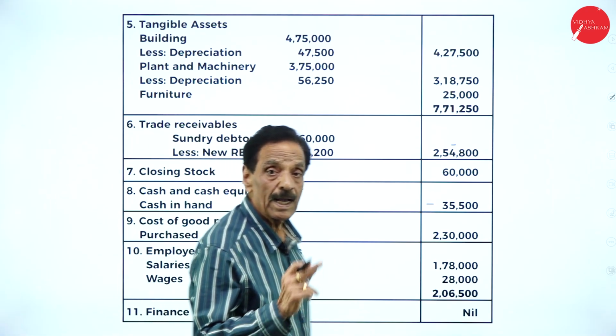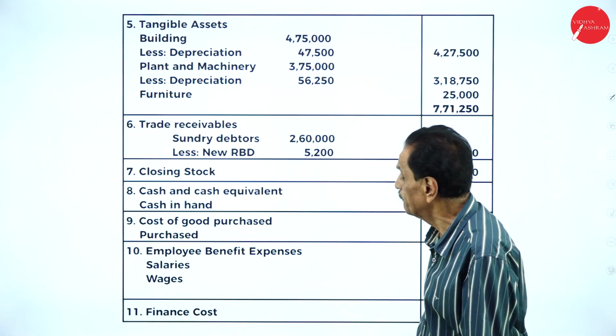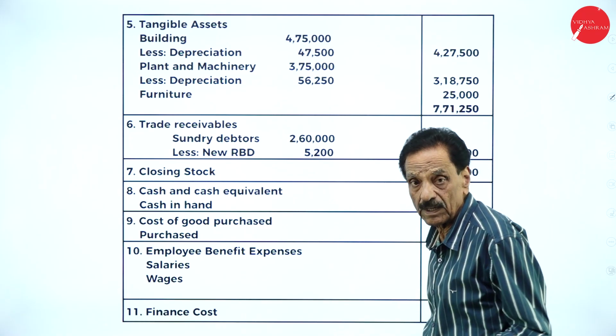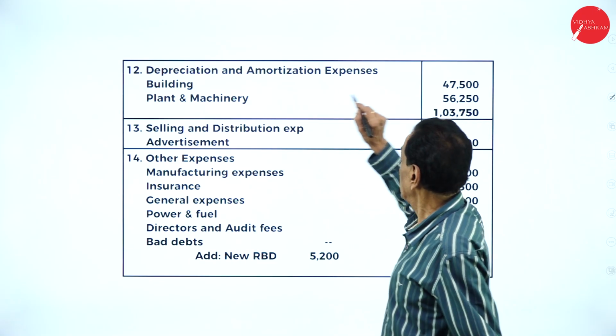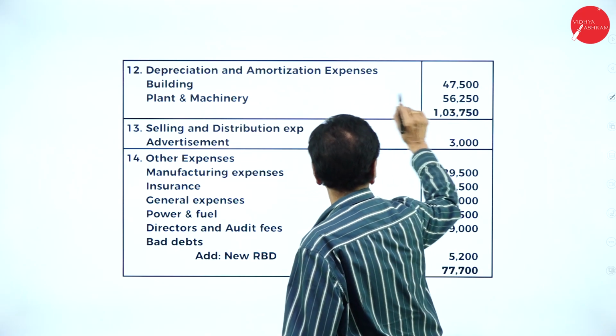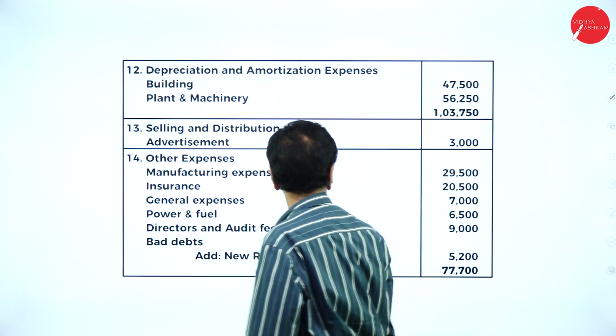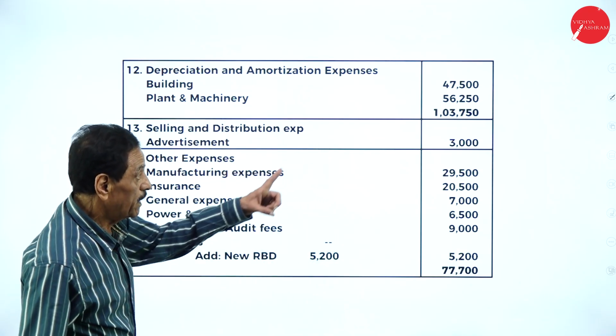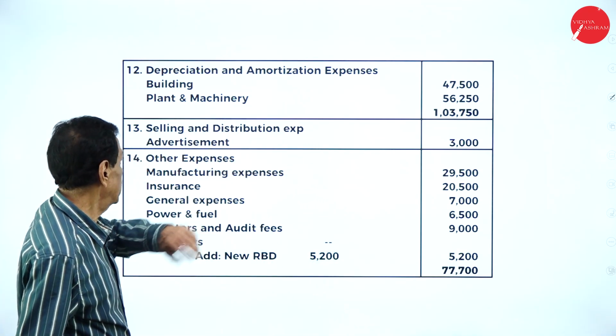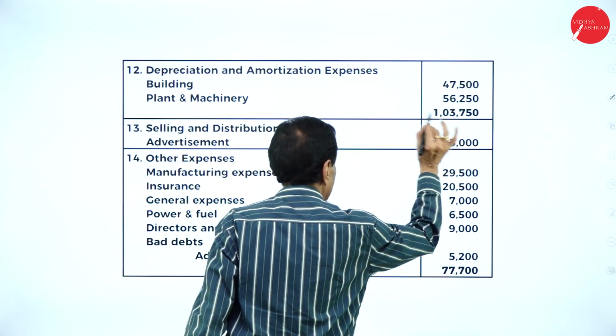It becomes 2,06,500. Finance: there is no finance cost. Depreciation and amortization: depreciation on building 47,500, on machinery 56,250. Total it becomes 1,03,750. Selling and distribution: advertisement is 3,000.